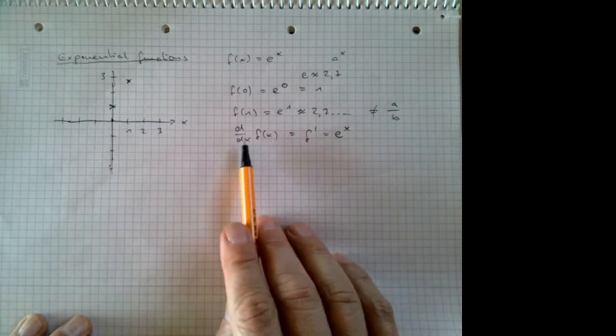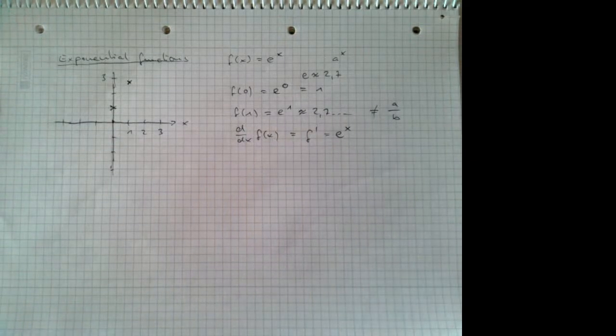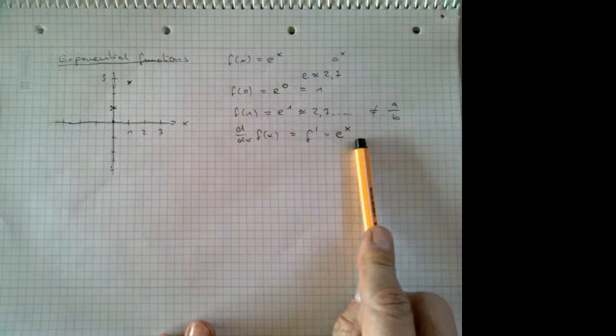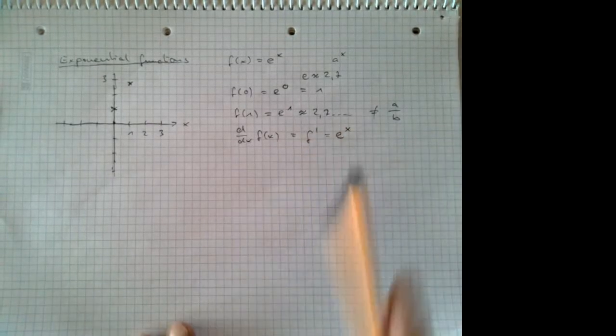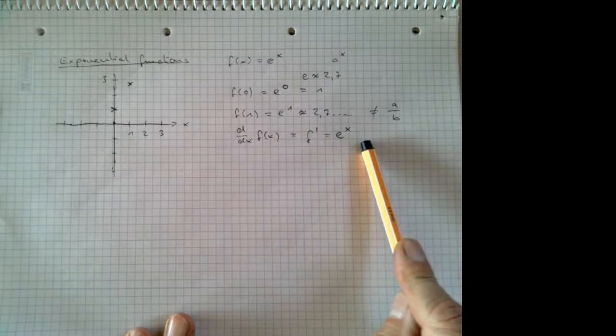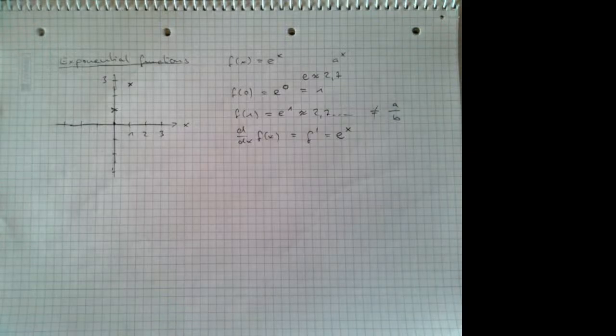How can I draw this? What is the first derivative? The slope of a function. Does it change with x? Yes, of course it does, right? The slope of the function depends on where you are. When I am at 0, what would be the slope? 1.